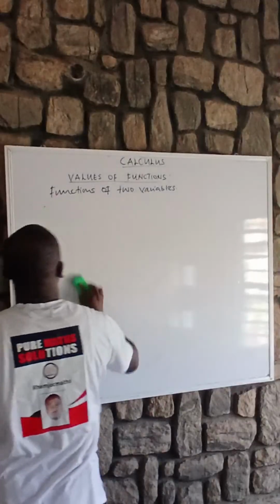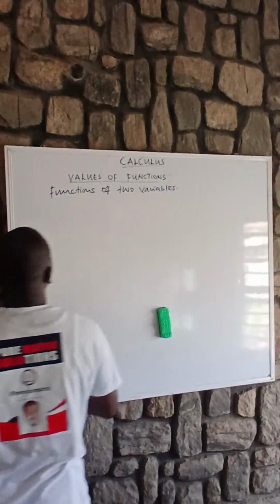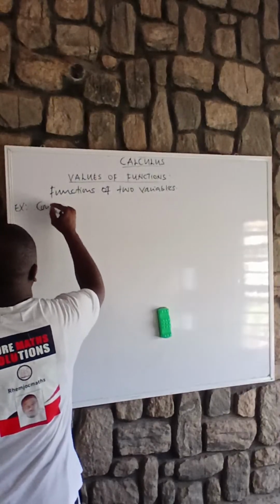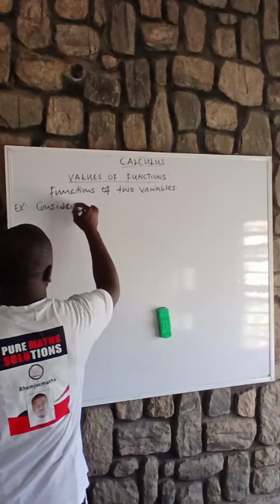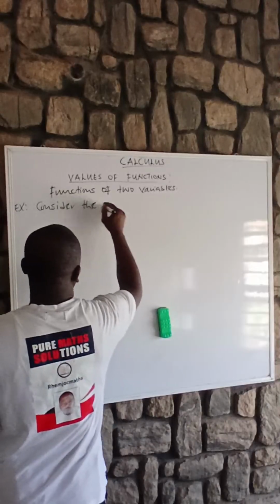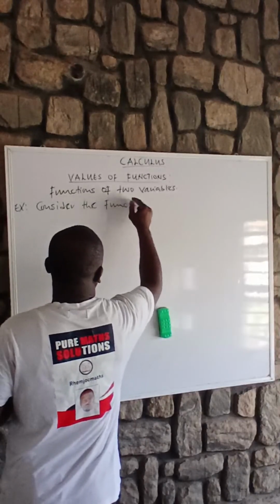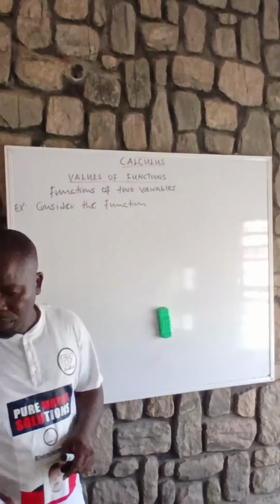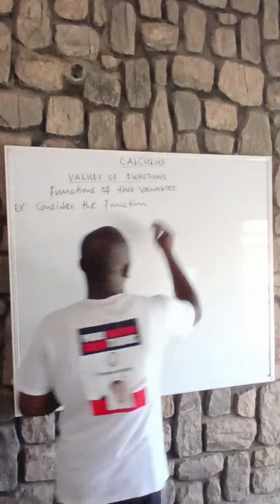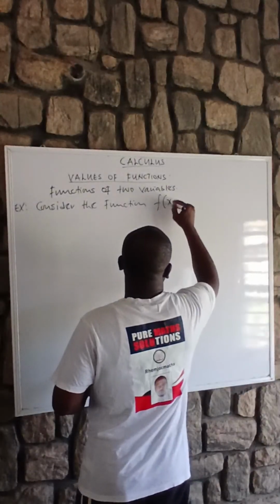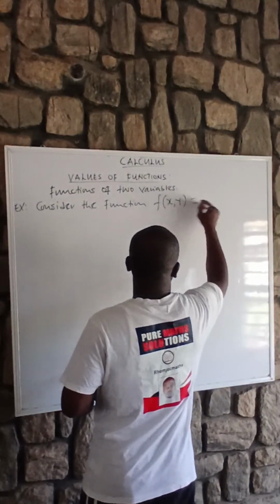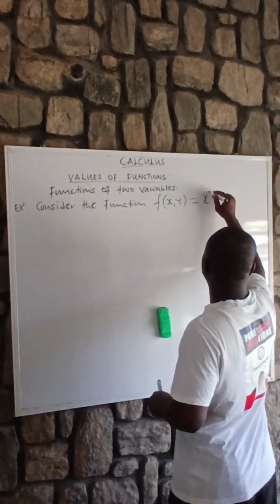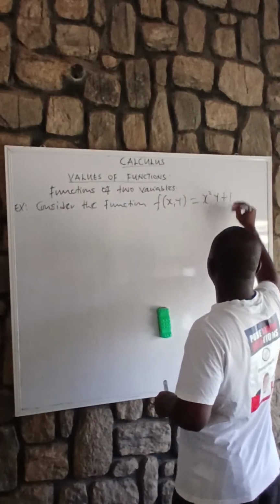So let us fix the idea with an example. Consider the function f of x comma y equals x squared y plus 1.